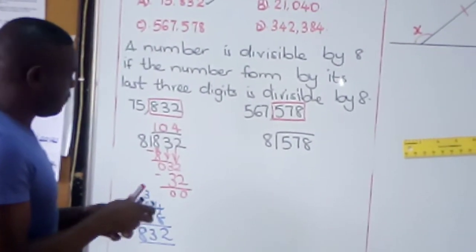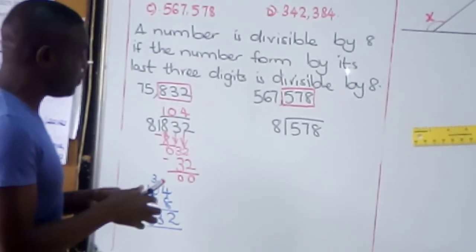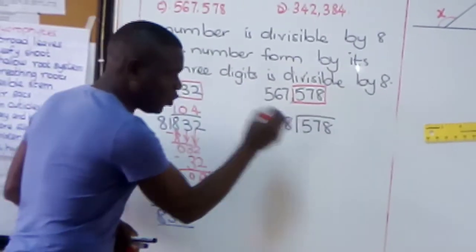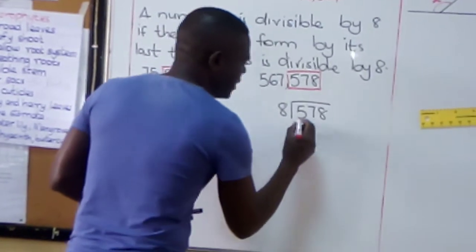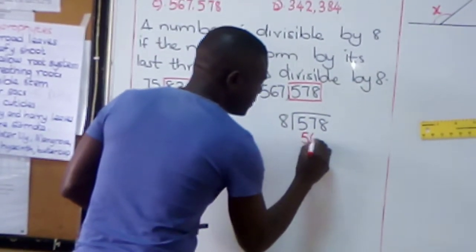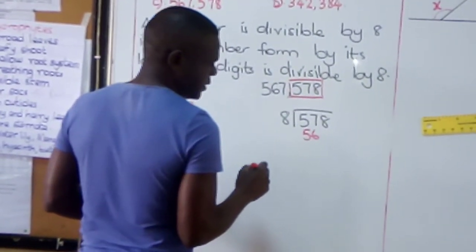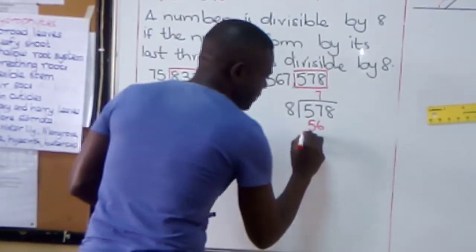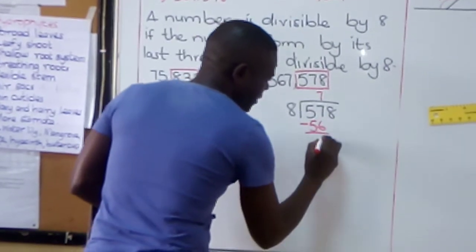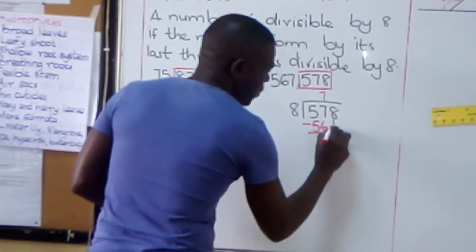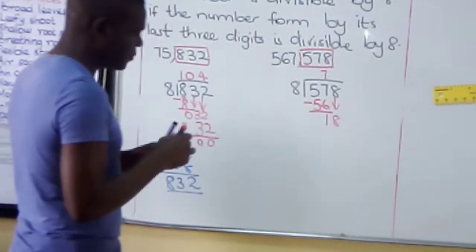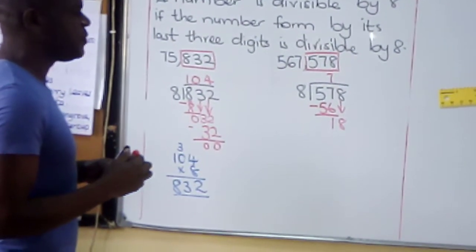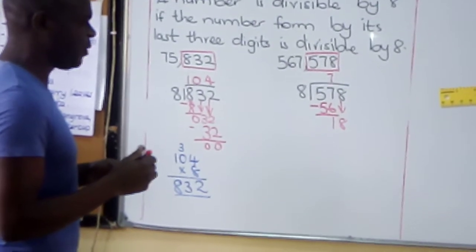Yes? What is 57 divided by 8? The closest multiple is 56. Because of what? Because of 7. 7 times 8 is 56. What is the difference? The difference is 1. Then we drop 8. Is 18 a multiple of 8? No, it's not a multiple of 8.